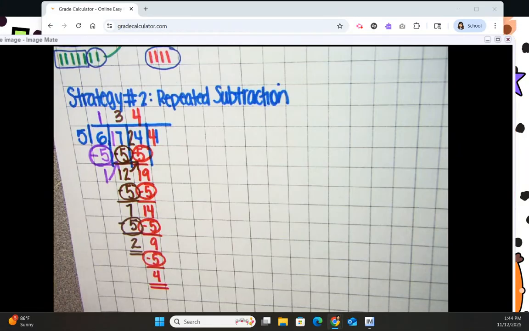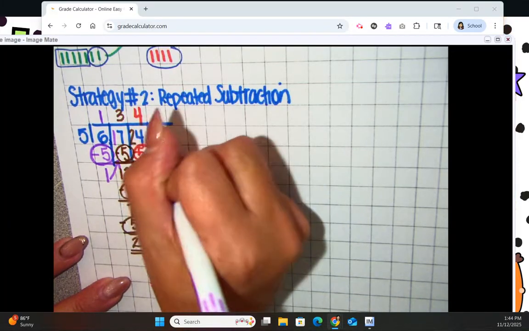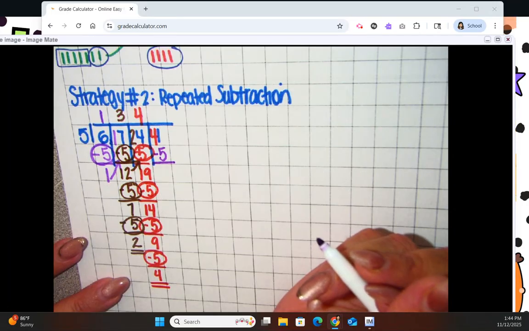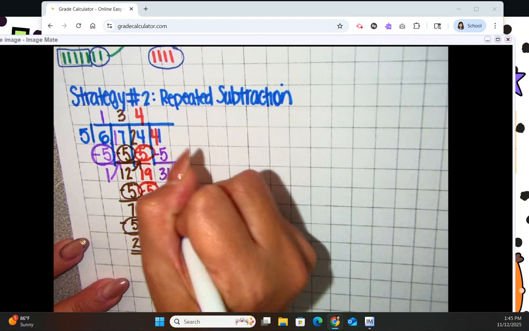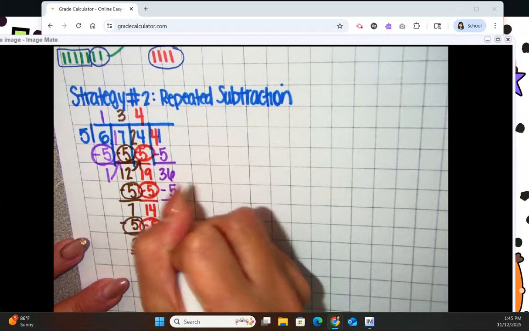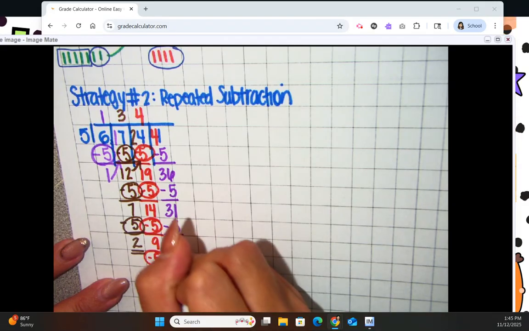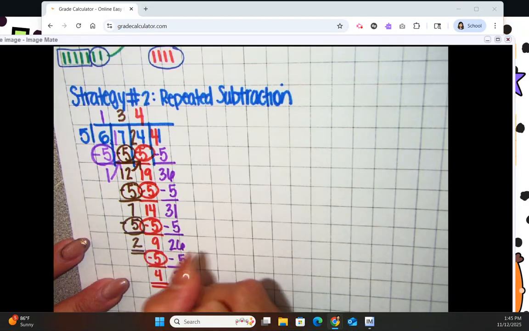41. If I have 41 sticks, can I make groups of 5? Yes. A lot of them. How much is 41 minus 5? 36 minus 5. 31 minus 5. 26 minus 5. 21 minus 5.